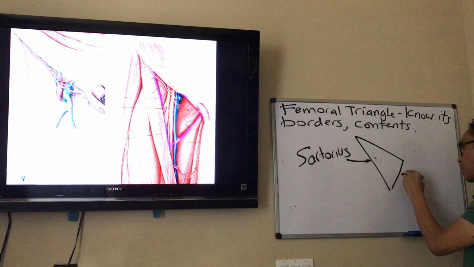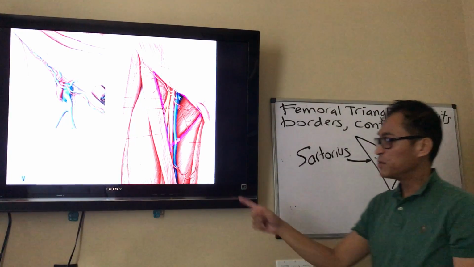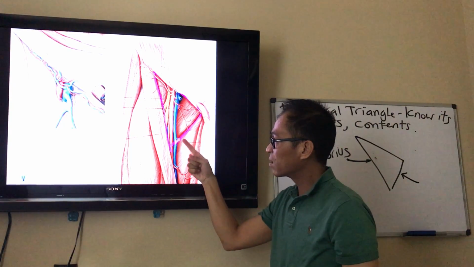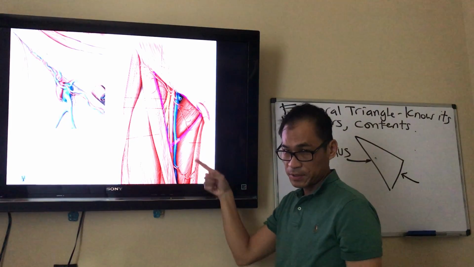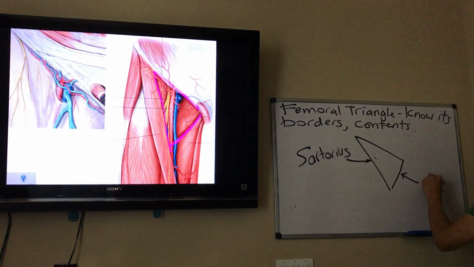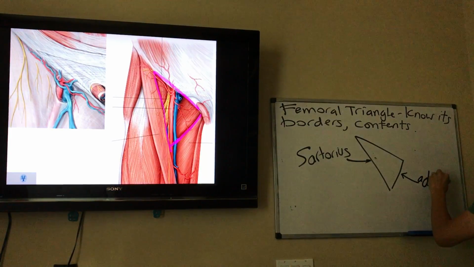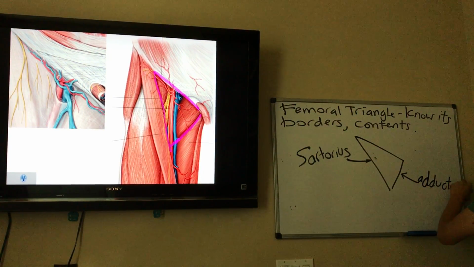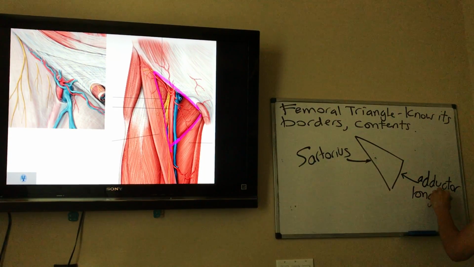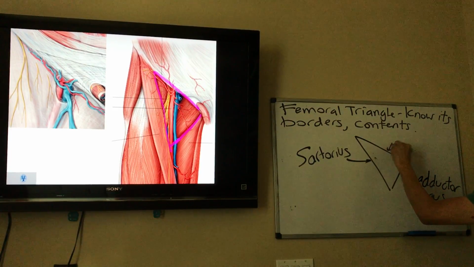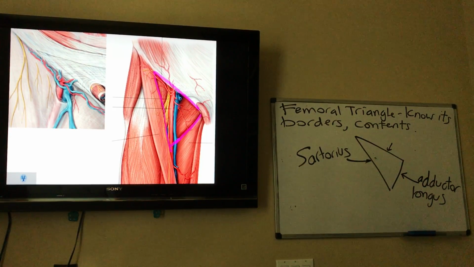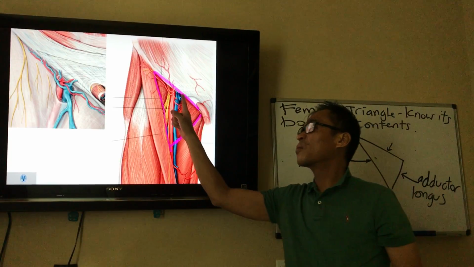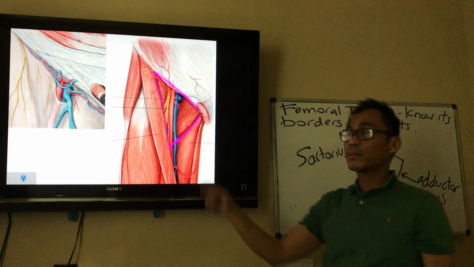This medial border here is this muscle, that's the adductor longus. Top of the triangle, the base of the triangle, is the inguinal ligament.